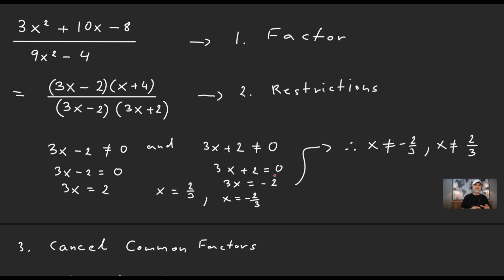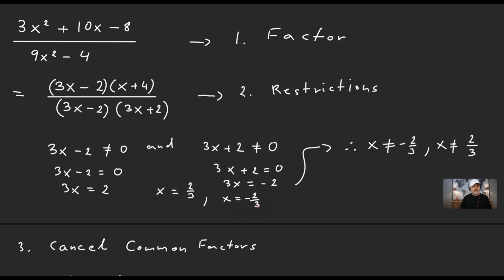When you find the roots of that equation, you say, those roots do not belong to my domain. So 3x plus 2 is equal to 0. Move that positive 2 over to the other side, so that becomes negative 2, because you would subtract 2. So 3x is equal to negative 2, divide by 3 both sides, and there you go.